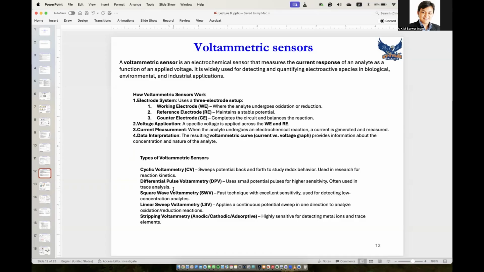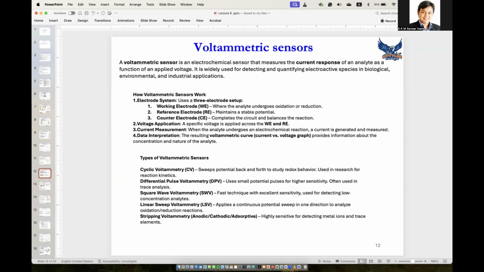So unlike CV, which requires a continuous current response, DPV measures the difference in current, the delta I, before and after each pulse. It also has some advantages and disadvantages. It has higher sensitivity than CV, and it has better resolution, allowing simultaneous detection of multiple analytes.